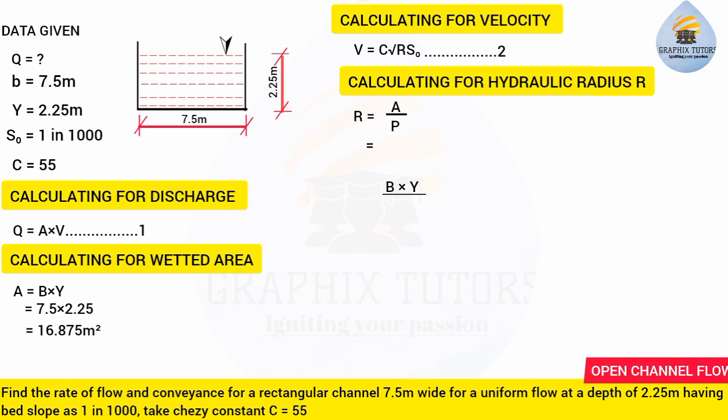If you have the rectangle this way, from here to here is Y, here to here is also Y, the depth, and the base here is B. The perimeter is adding all the sides. They call it wetted perimeter, where the liquid is touching, not the surface but the sides. So we have Y plus Y is 2Y, then plus B. So the wetted perimeter is given as 2Y plus B.